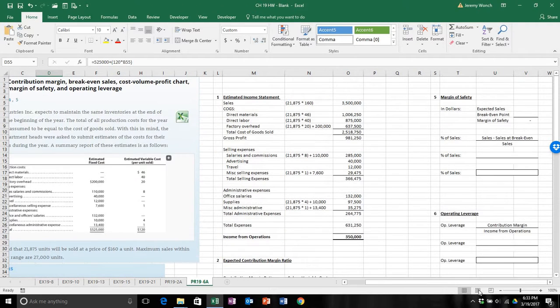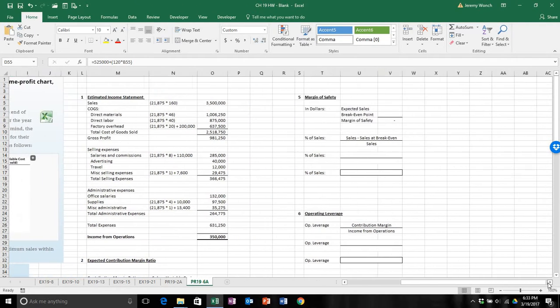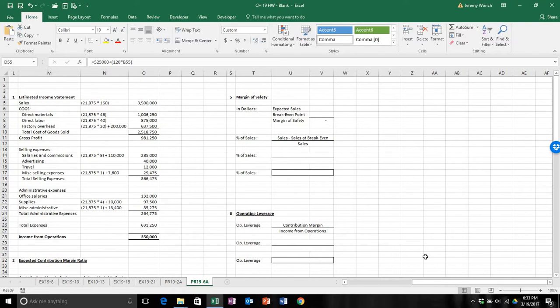So, okay, last two, let's move this over here. It asks us for the margin of safety. The margin of safety, all that means is you take what you're expecting to sell and then subtract out your break-even point. That's going to tell you how much wiggle room you have where you're still in a safe zone.